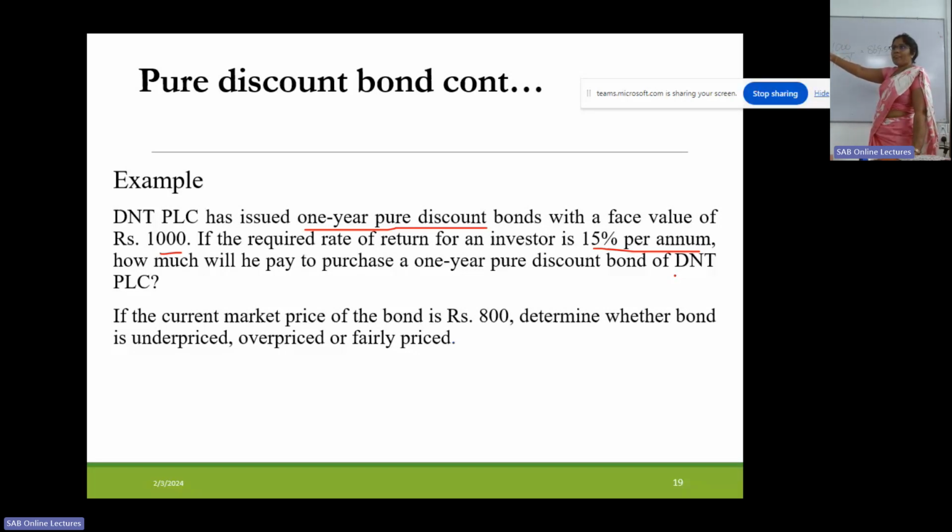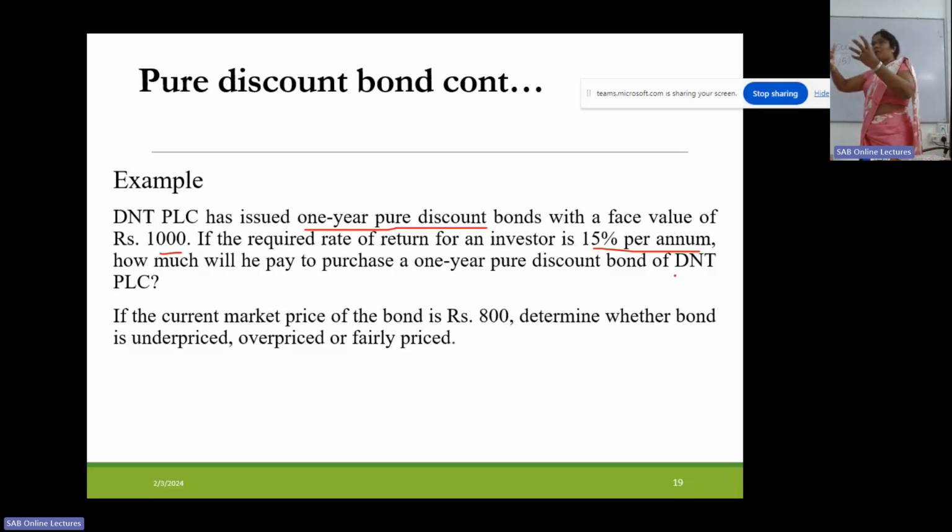Will you invest? Yes. Why? Because this is the maximum amount you are willing to pay if you are going to invest, but in the marketplace it is underpriced and available for 800. So you are investing.